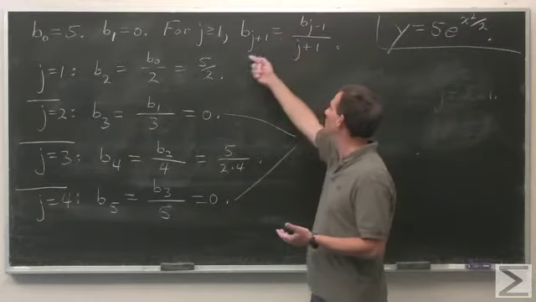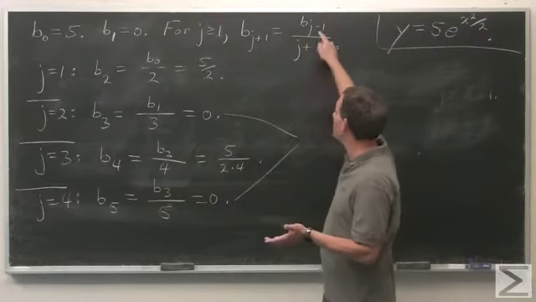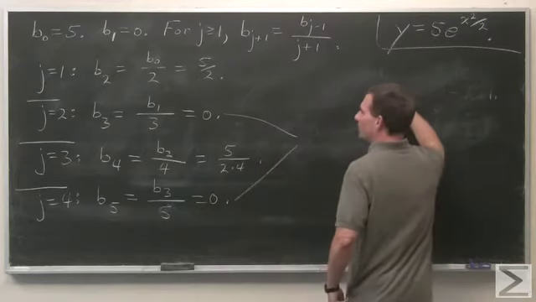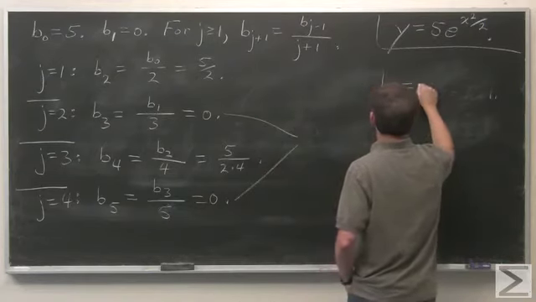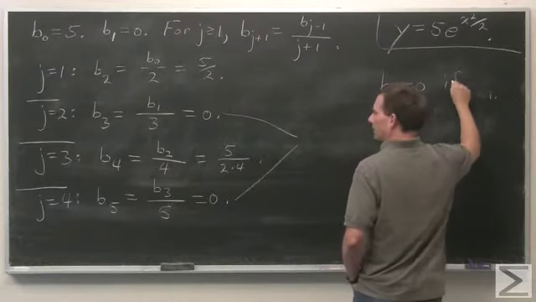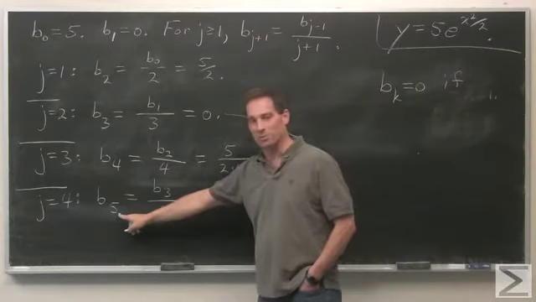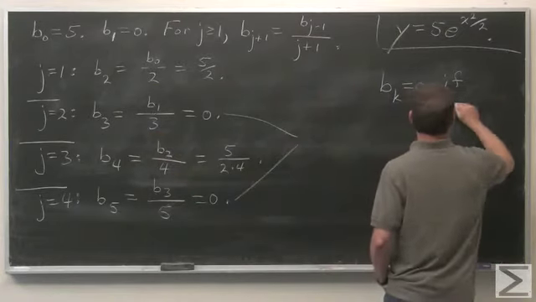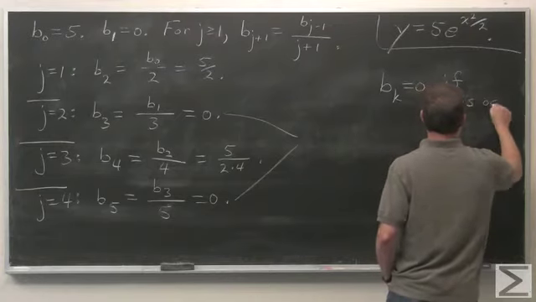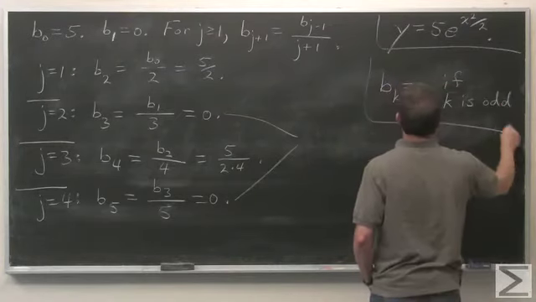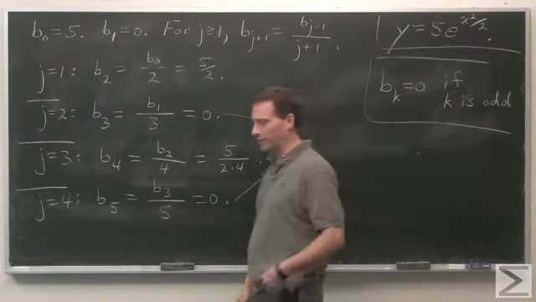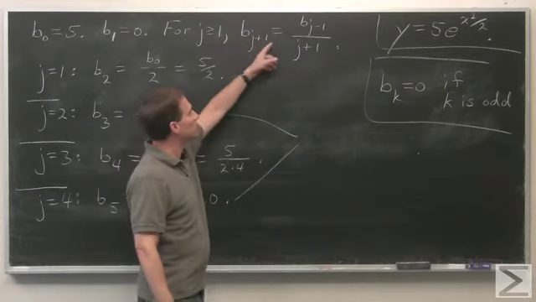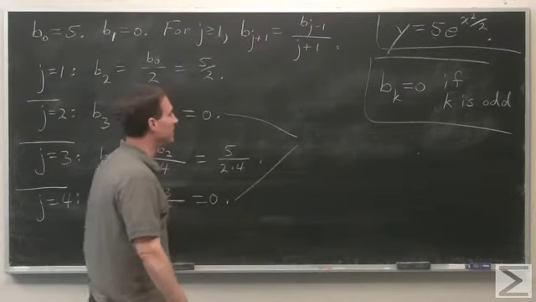Every time you go up by 2, you get what you had before divided by j plus 1, but if this is 0, it's always going to be 0. So what we're concluding is that b sub k is 0 if k, the actual subscript on the b, not j, is odd. As soon as one odd one is 0, all the higher odd ones are 0 because this shifts by 2 each time in the index.